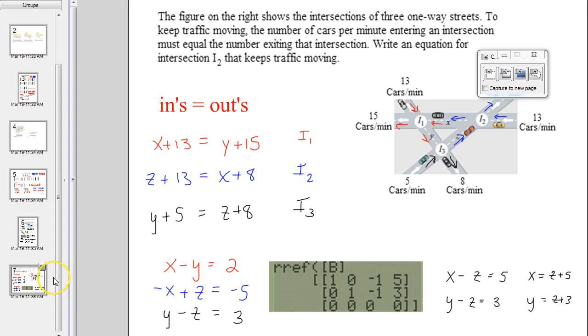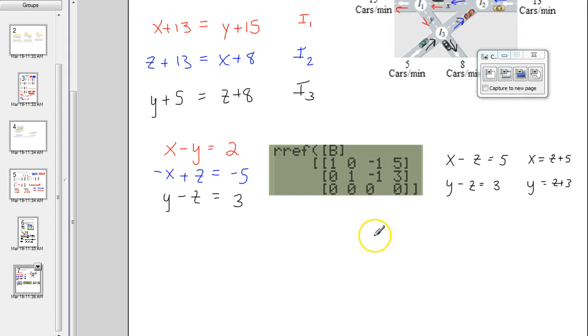So the form of these solutions are going to be x, y, z, like we talked about before, but this is x, z plus 5. This is y, z plus 3. Alright, and then z gets to be free. Z has to be positive, right?